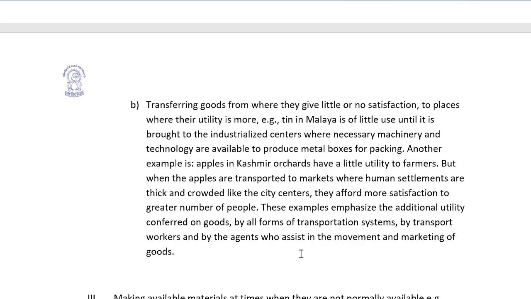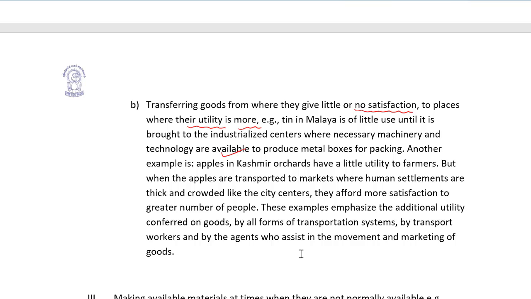So transferring goods from where they give little or no satisfaction to a place where the utility has increased. Example, tin in Malaysia is of little use until it is brought to the industrialized centers where necessary machinery and technology are available to produce metal boxes for packaging.